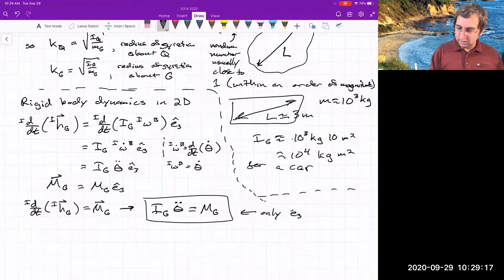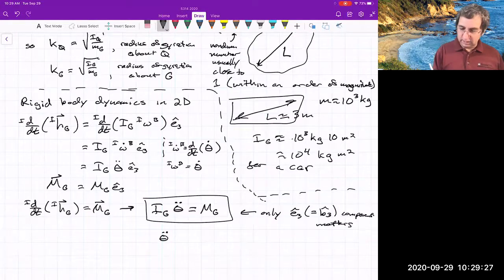Only the E3, which is the same as the B3 component, matters. You could then rewrite this as the angular acceleration equals IG over Mg.